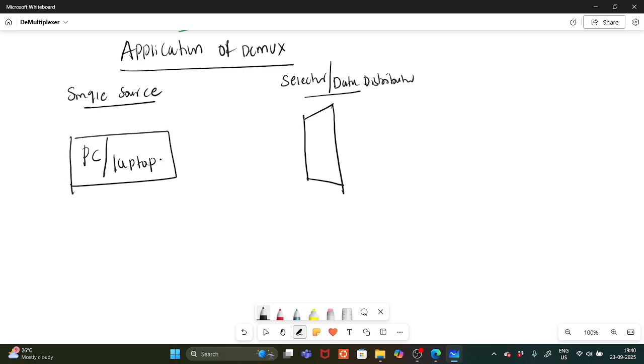From this PC or laptop, I'm giving a data input, D input. Let us take a 1 is to 4 DeMux.